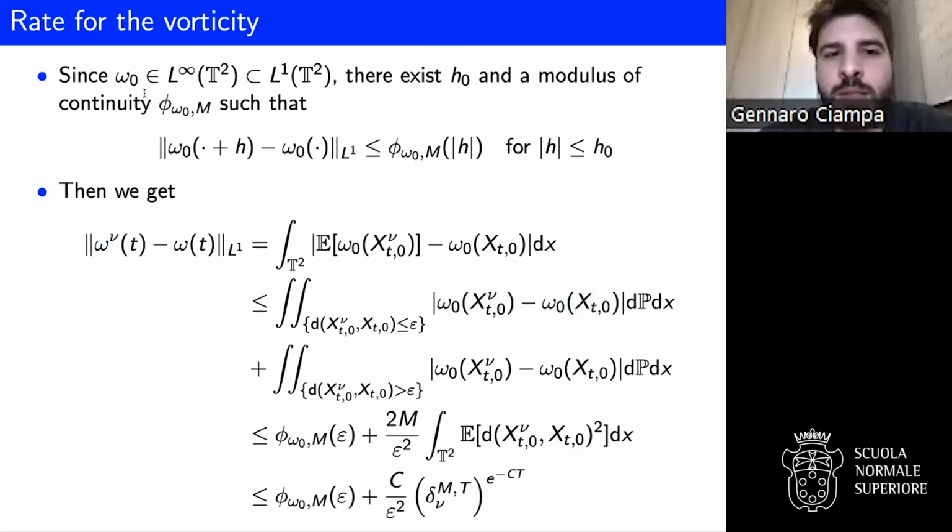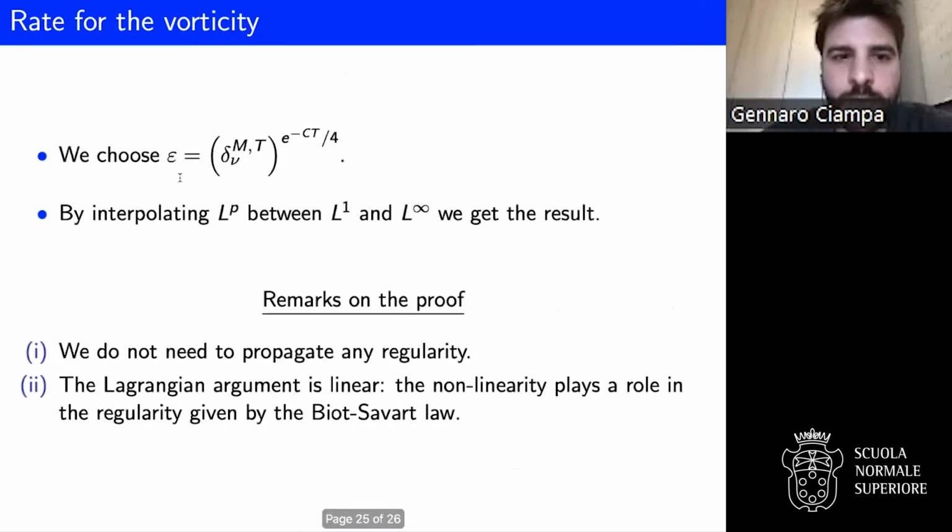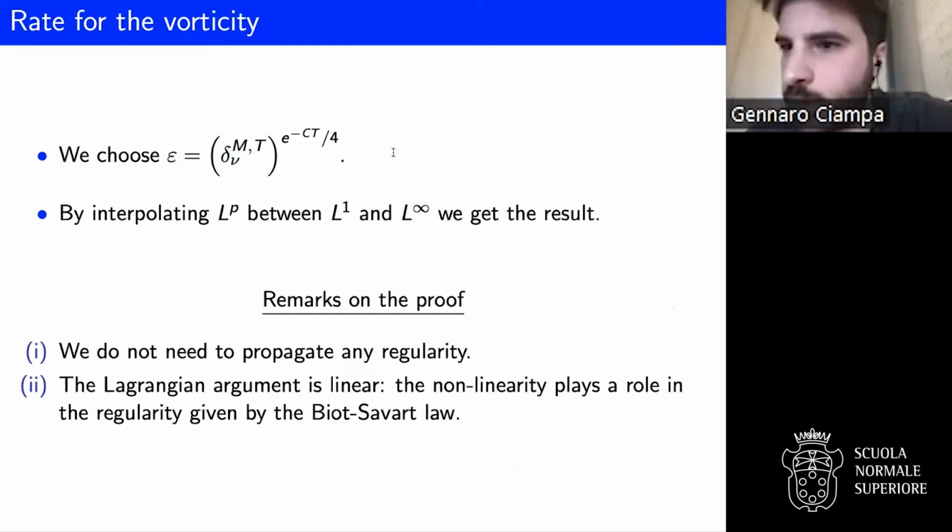Since omega 0 is bounded and we are on the torus, it is in L1, so we know that this modulus of continuity exists. And you finally obtain this inequality here. So in the end, by choosing epsilon in a proper way, you obtain the bound.